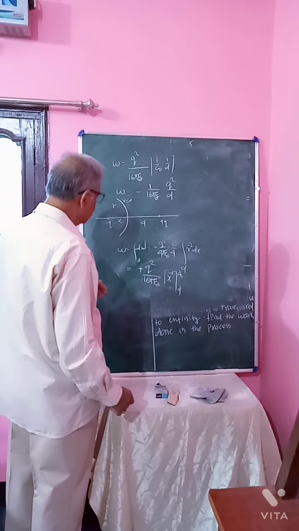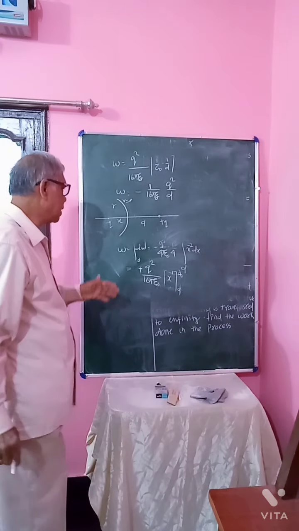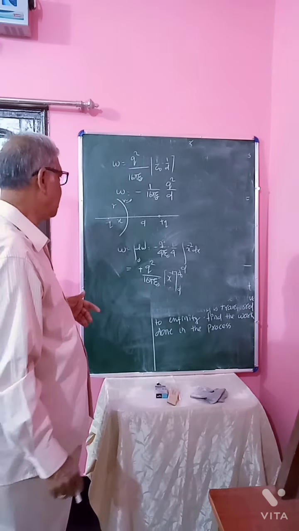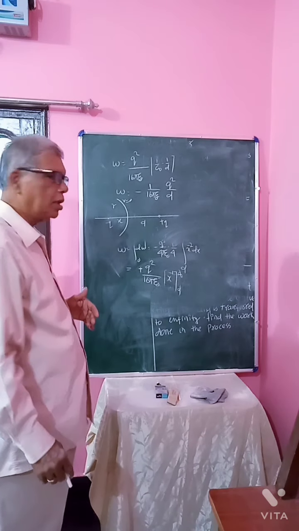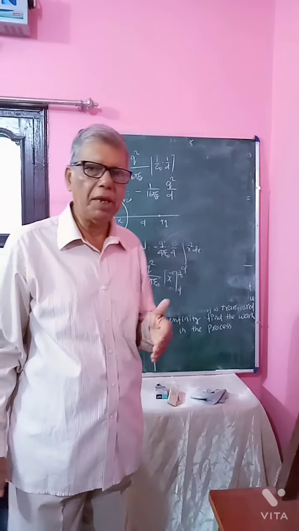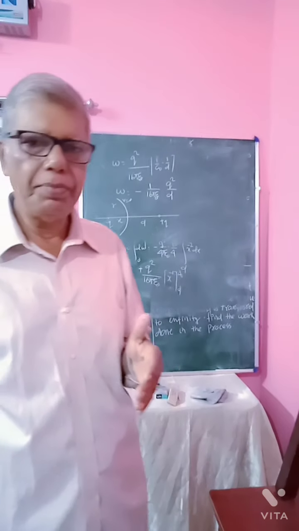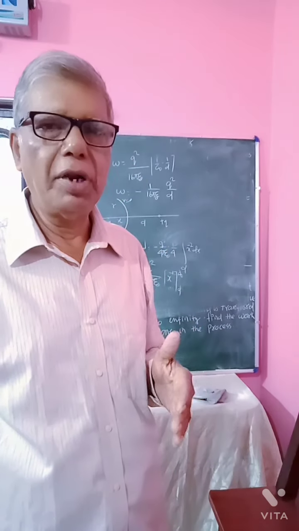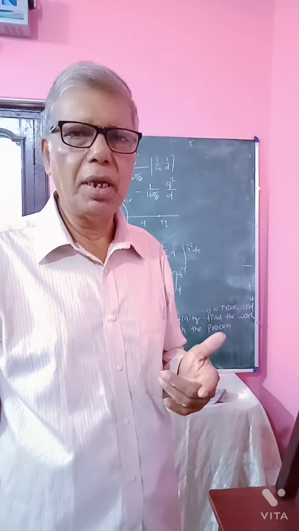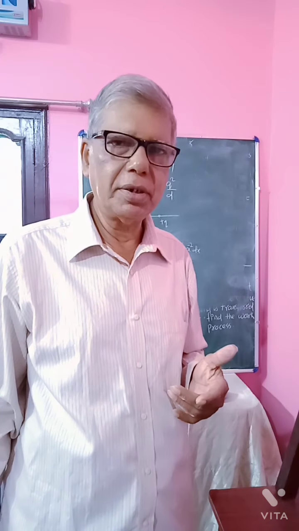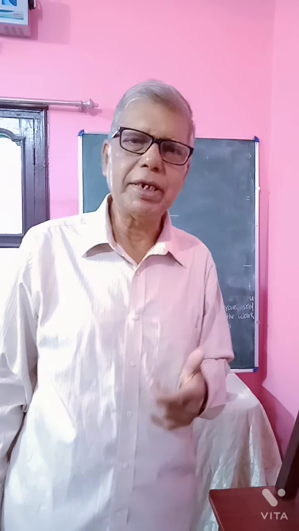Now, this is how you can solve problems in electrostatics by the method of image charges. I hope this discussion will benefit the students appearing in the IIT entrance examination and also the NEET examination. Thank you.